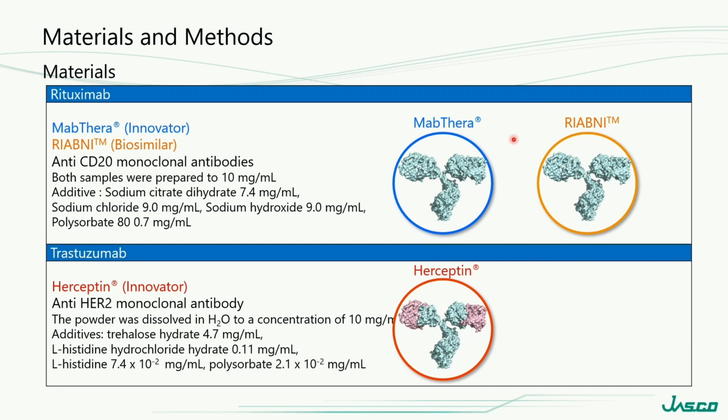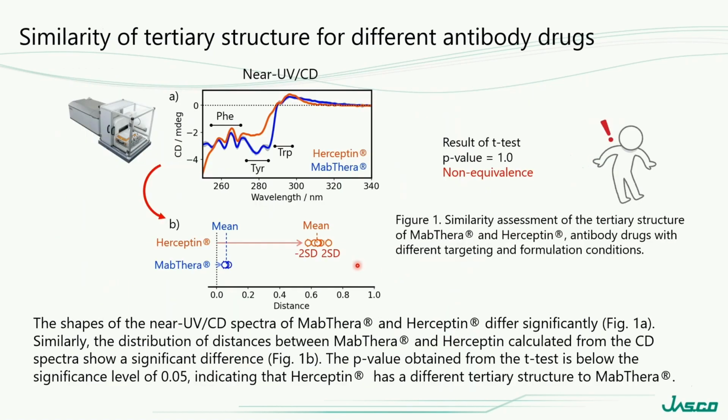Both antibodies target CD20, and Herceptin, which targets HER2, has a different primary structure in the far UV region and a different formulation condition. First, we tested whether there are significant differences between the tertiary structures of the innovator and Herceptin.